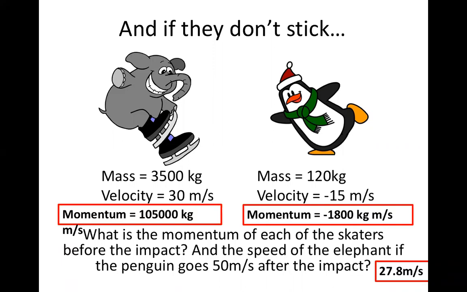You simply tell 2.2. I did 30 minus 27.8, and that's how I got 2.2. 27.8 is the answer you're supposed to get. You can't use that number.